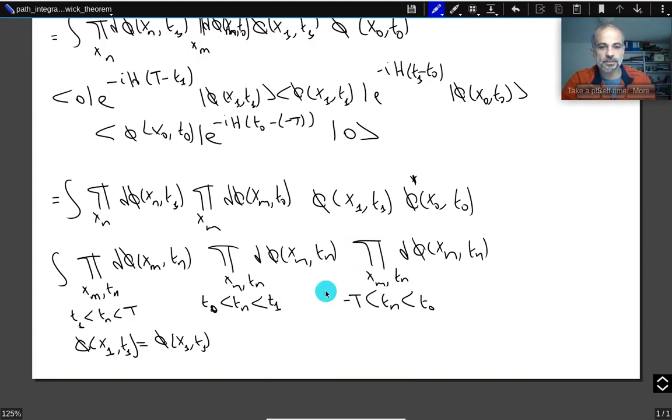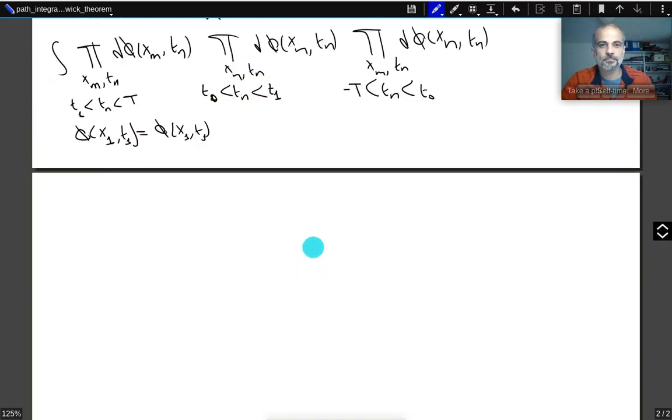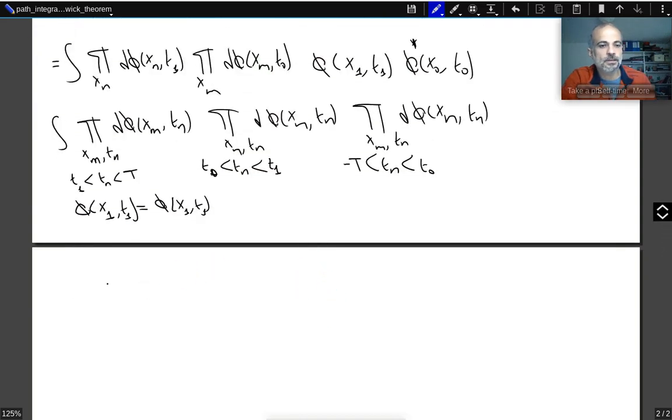And then we have the exponential factors. In the exponential, we have i integral of L d4x, let's start from this one, from minus T to t0.